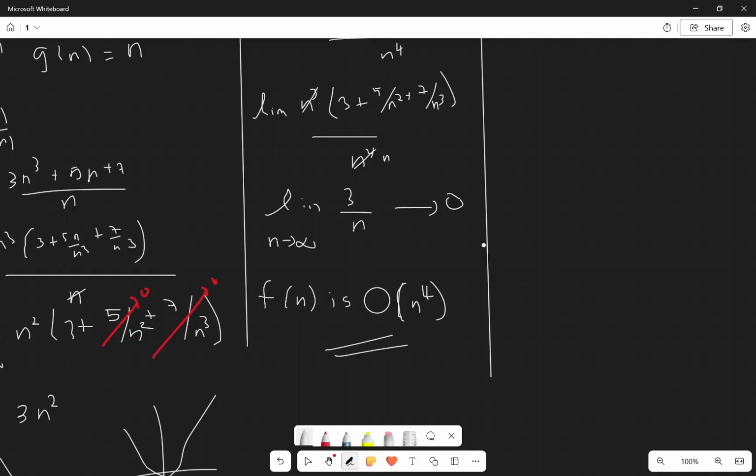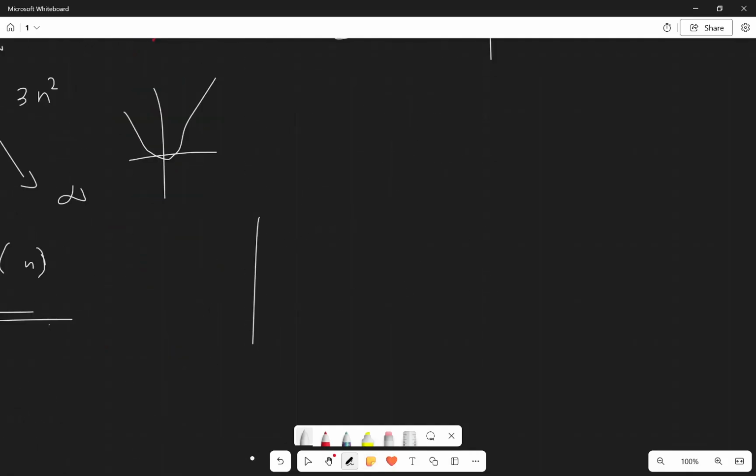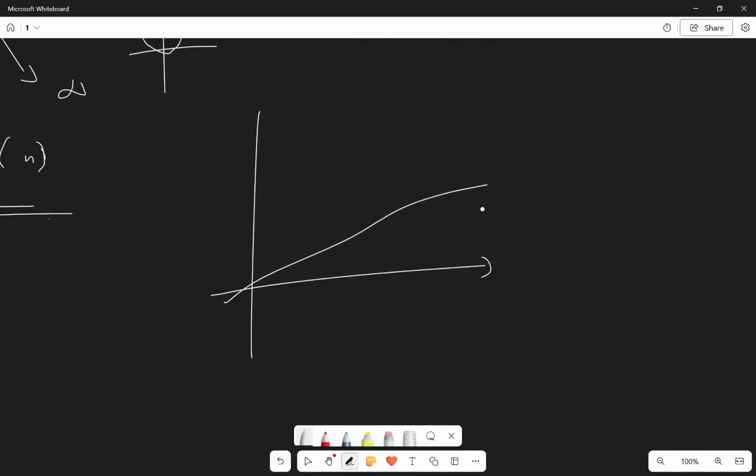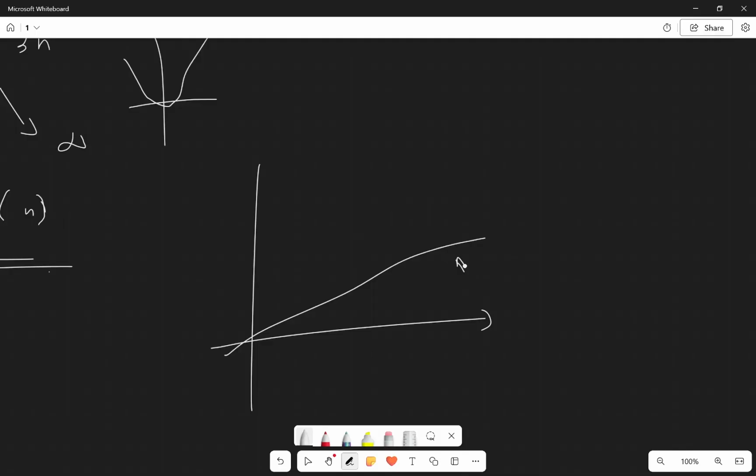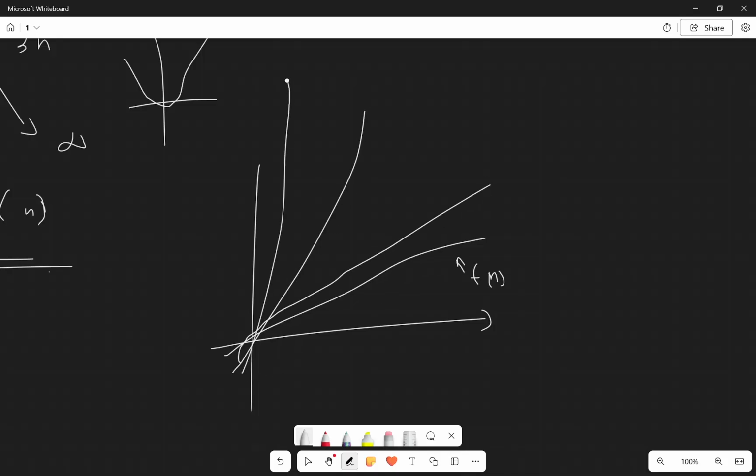So let's say we have a function that goes like this. This is f(n). It has a bunch of upper boundaries like this. This one might be n squared, this one will be n to the power 15 or something, and this one will be n factorial.